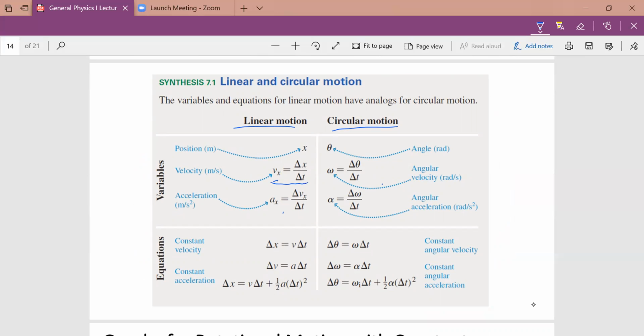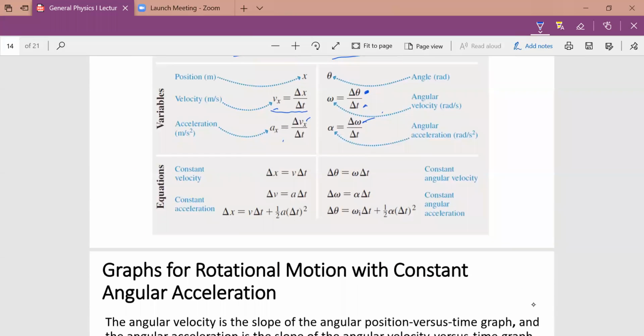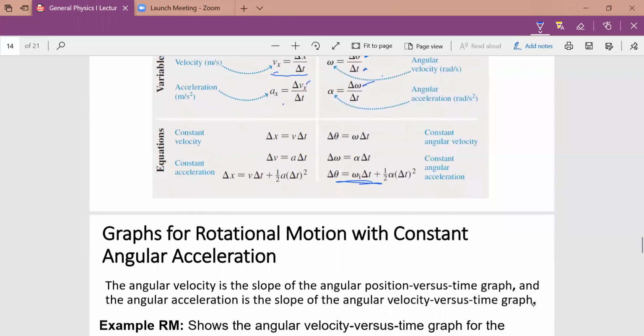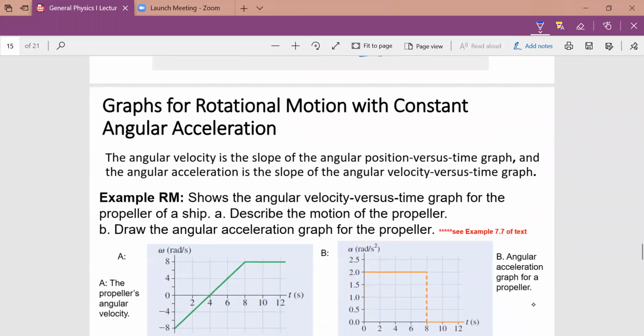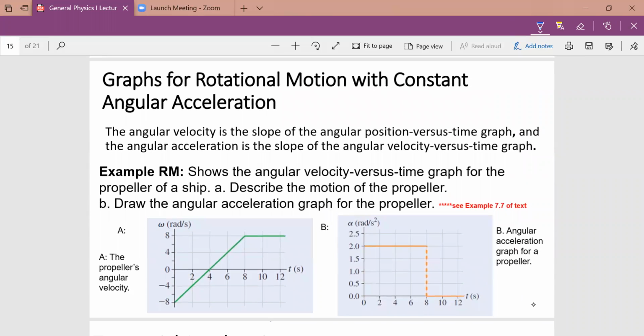So we'll have velocity: change in distance, also change in position over time. This is velocity in terms of linear. This is velocity in circular angular motion. So we see that it's the same equation, but with unique terminology as it relates to the kind of motion we are describing. Now, we won't dwell on this.